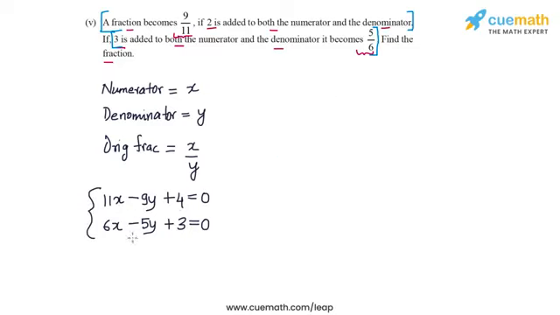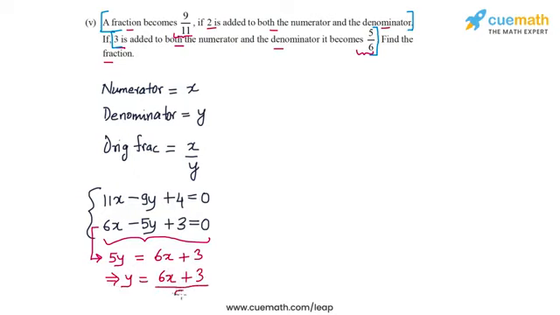From this second equation I will write y in terms of x, and then I will substitute that into the first equation. So from the second equation I have 5y is equal to 6x plus 3, or y is equal to 6x plus 3 by 5. So this value of y, I will now substitute into the first equation.